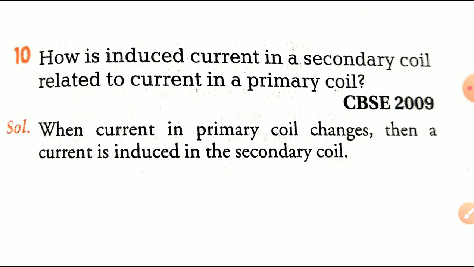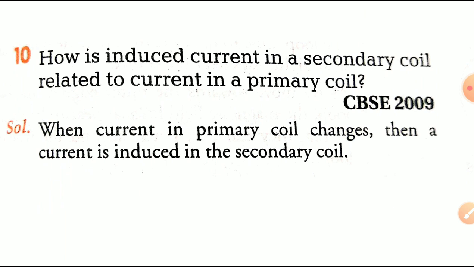How is induced current in a secondary coil related to current in primary coil? See, already we know coil 1 and coil 2, that one we already discussed: if there will be any change in coil A, it will affect the induced current in coil B. So here coil A, coil B can be termed as primary coil and secondary coil.